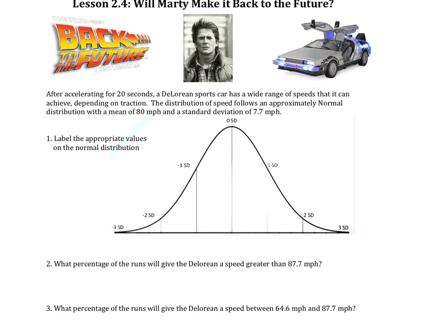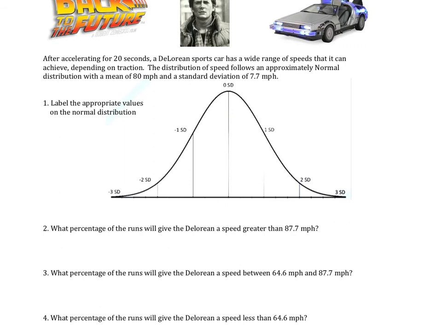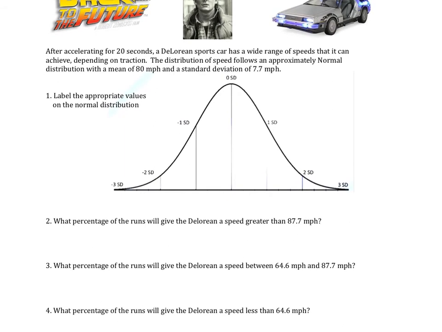Nice. So here they drew it for us. And so we know by the given information that the mean is 80. So I'm going to put 80 right here, 80 miles per hour. And it has a standard deviation of 7.7.